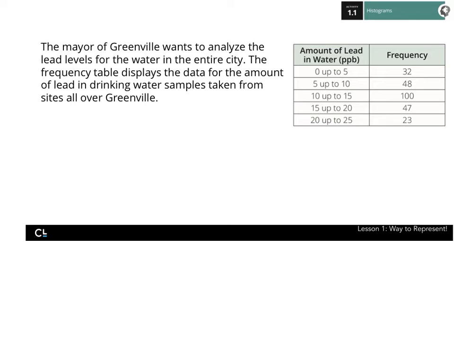Okay. What's different about where he took samples? It's all over Greenville. Before it was just the 20 sites, so those were probably fairly small. Maybe they took them down by Main Street and then by Boone or whatever, okay? And now he's expanding it to the whole city, okay?